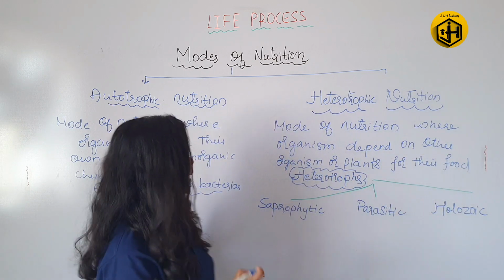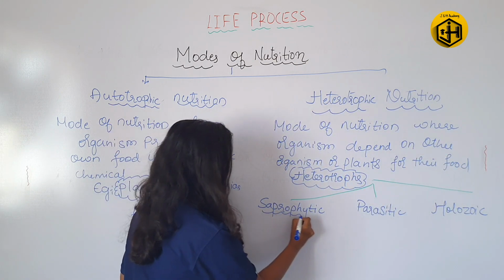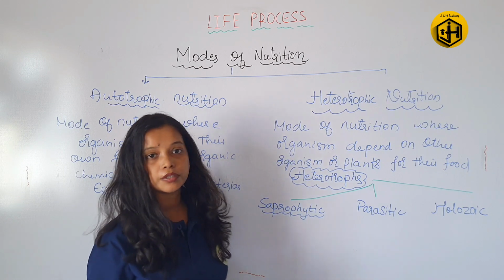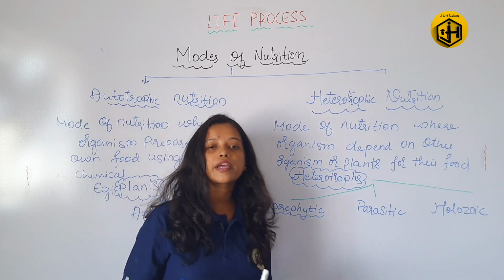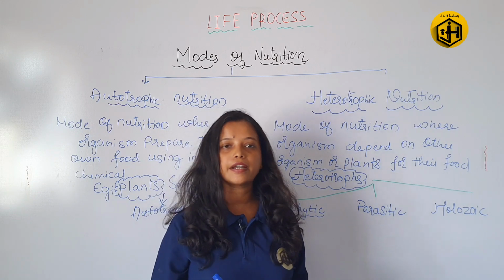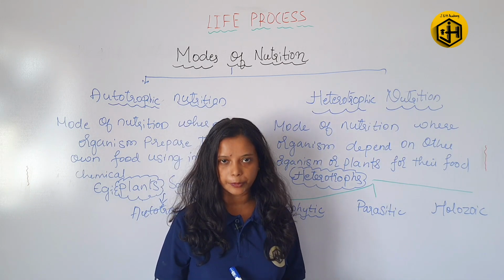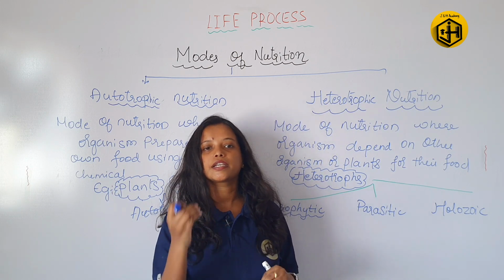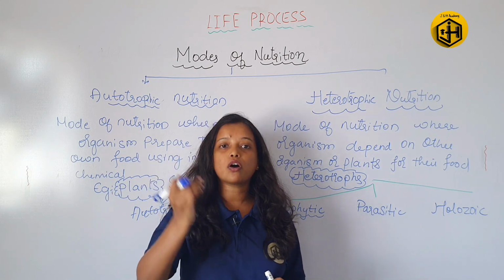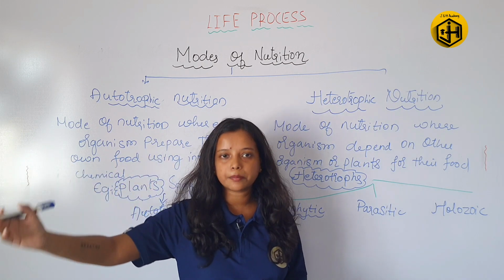So what is saprophytic nutrition? Saprophytic nutrition means it is a mode of nutrition where organisms depend on dead and decaying organic matter. So here the organism will eat dead and decaying matter of whom? Of dead plants and animals.